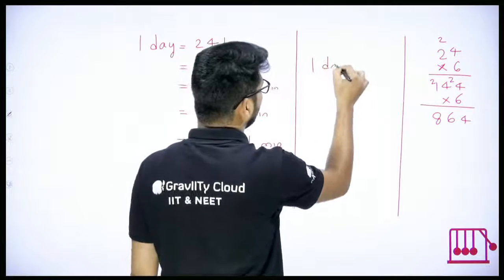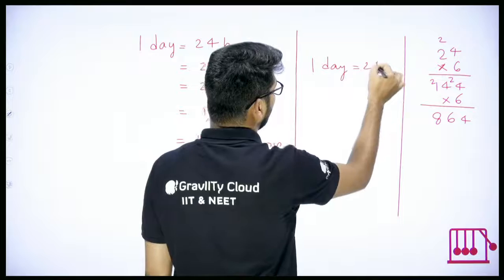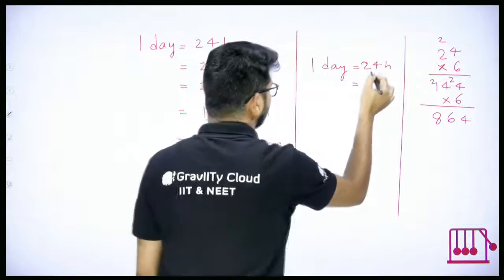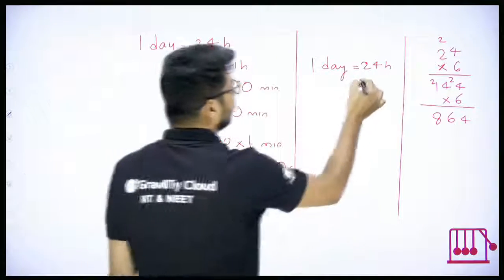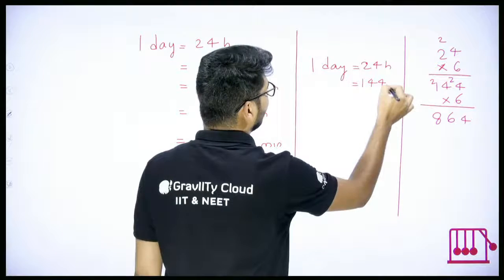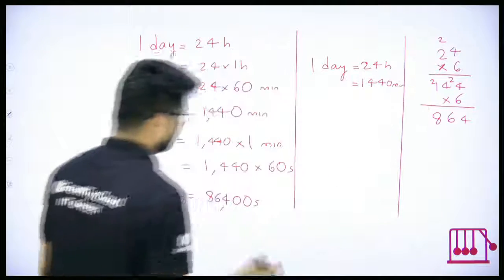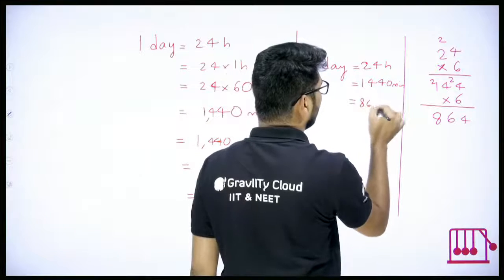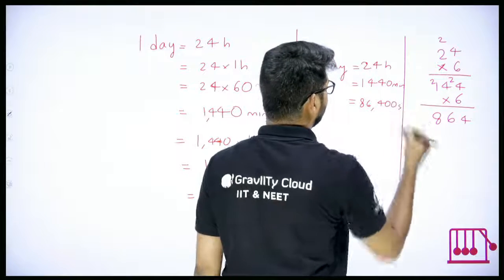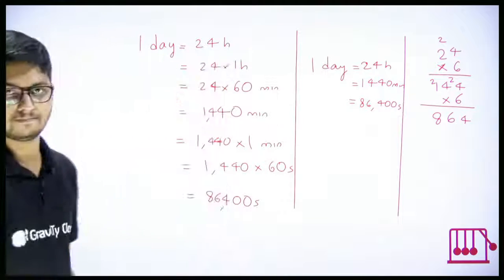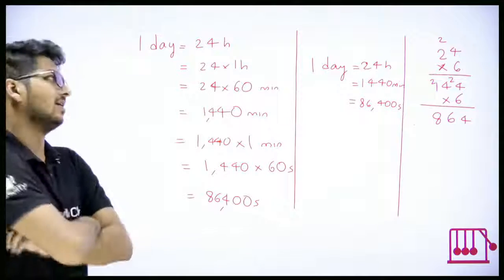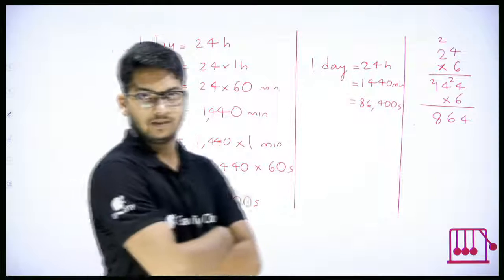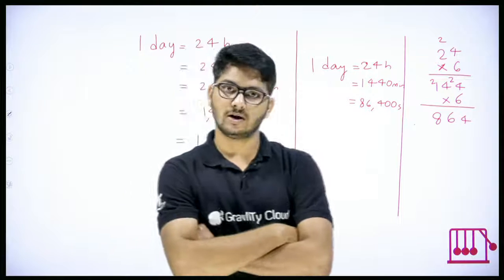That means 1 day is equal to 24 hours. The same 1 day is equal to 1440 minutes and it is also equal to 86,400 seconds. So that is 1 day equal to. Clear? Good?